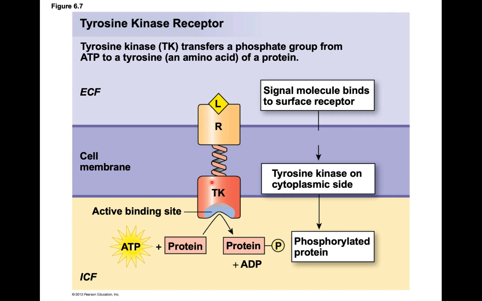What this tyrosine kinase does is it takes one of the phosphate groups from ATP, plucks it off, and binds it onto the protein, activating this protein now. That is essentially the job of all kinases. Whenever you see this word kinase, this is just a big umbrella term that means some sort of molecule that phosphorylates something else. So a tyrosine kinase phosphorylates these proteins intracellularly.